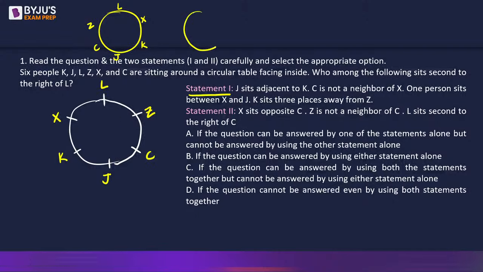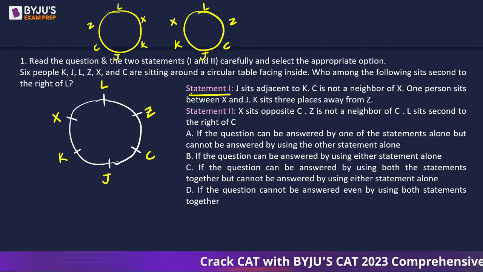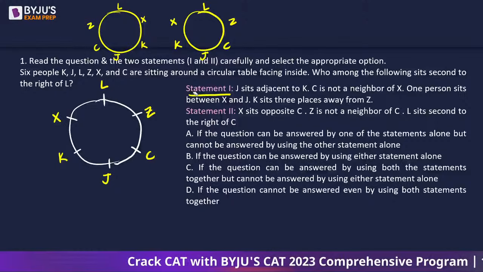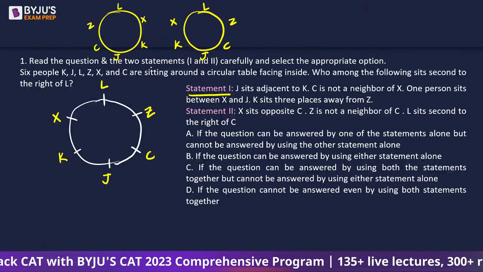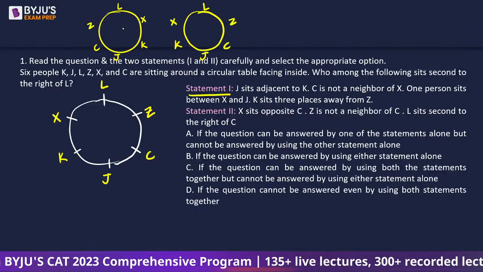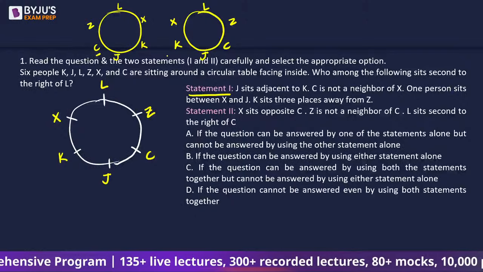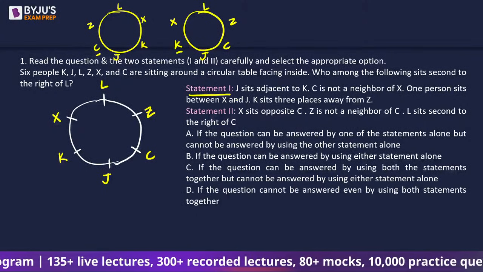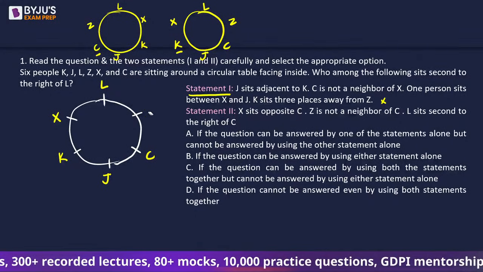So the next possibility we have is L here, J here, C here, Z here, K here, X here. So these are the two cases we get from statement 1, and the question asked is, who among the following sits second to the right of L? Second to the right of L, it might be C or it might be K. So we can say that from statement 1, we cannot determine something concrete, right?